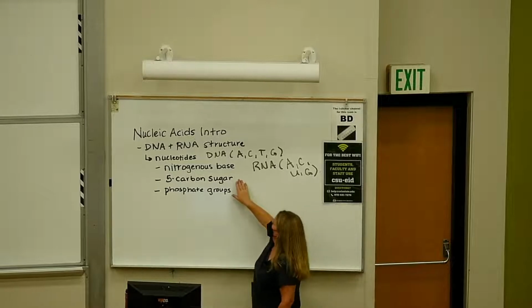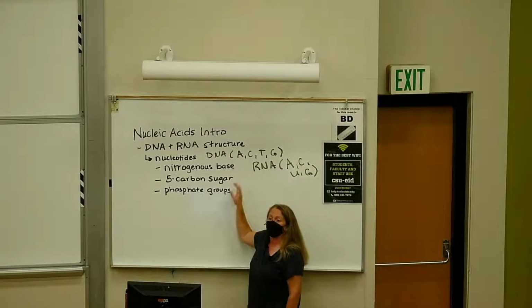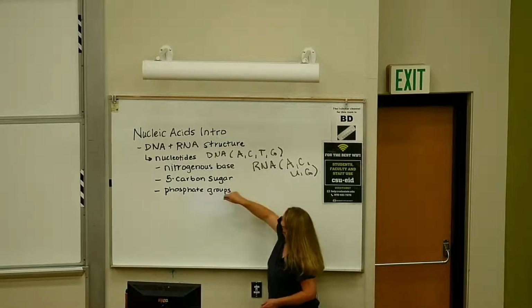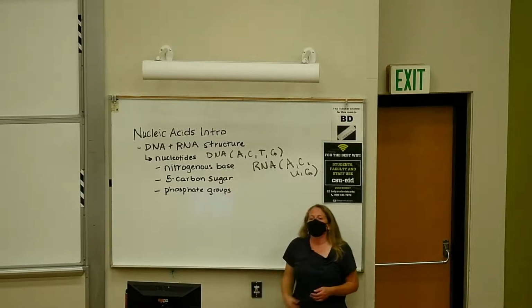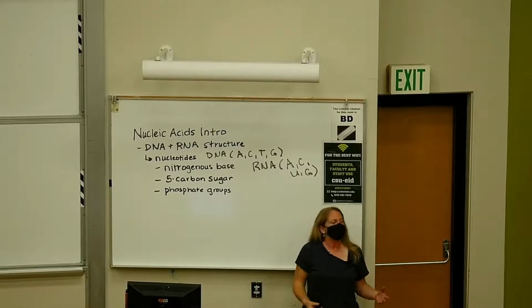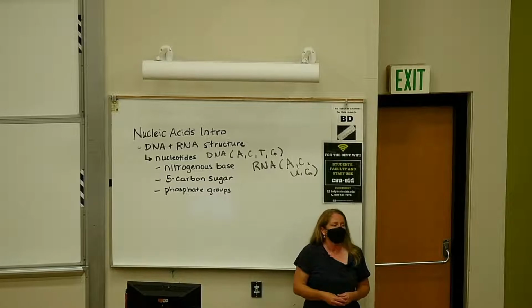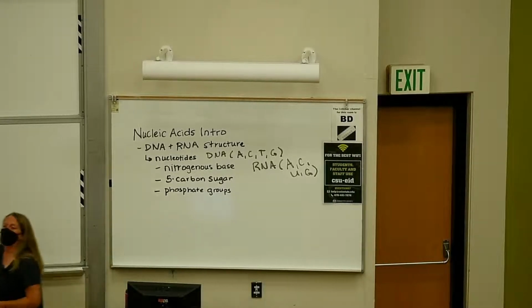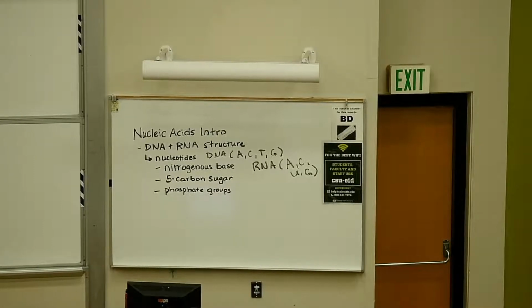The other major difference is going to be in this 5-carbon sugar. They'll both have a 5-carbon sugar, but the RNA is going to be a ribose sugar, whereas the deoxyribonucleic acid has a deoxyribose sugar. Both will have phosphate groups attached though. And we'll talk about how we can use those phosphate groups to connect those individual nucleotide monomers into a strand of DNA. We're not going to get to that today, but we'll talk about that next Wednesday.